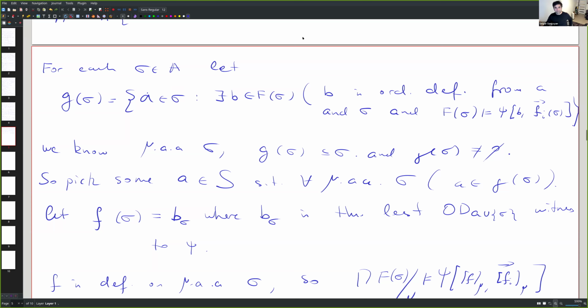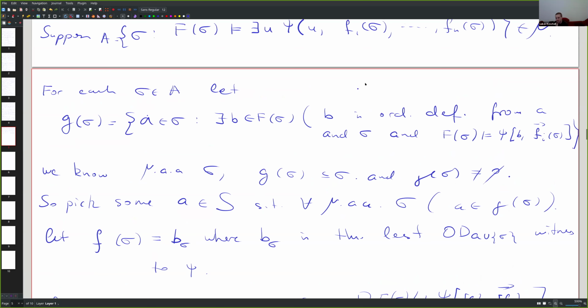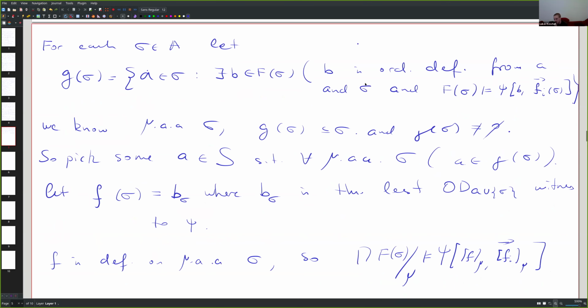Okay, guys. I have something very short and pedantic to say. I think you want that S is closed under some pairing function. We need some pairing function for this last part of the argument, because you reduced to things which are ordinal definable from a single thing in sigma, and not from finite sequences, right? Usually ordinally definable from elements of sigma, you can use finite sequences in sigma.